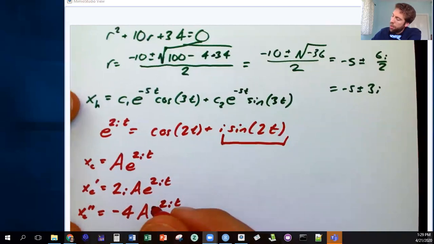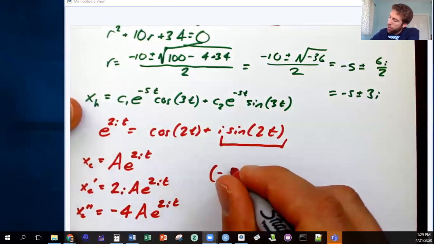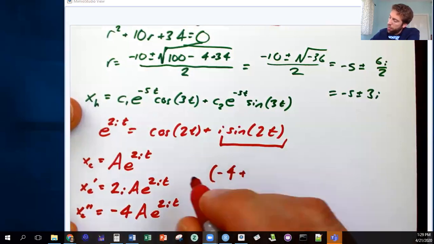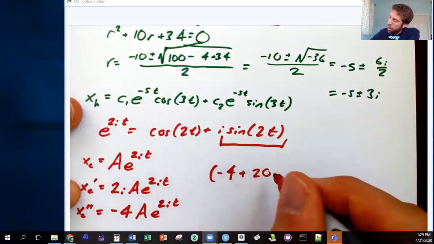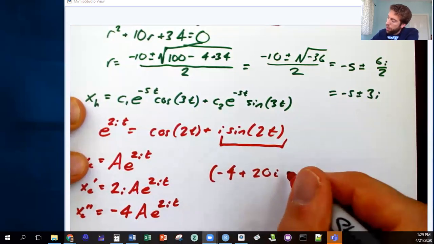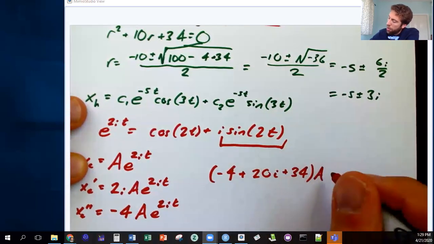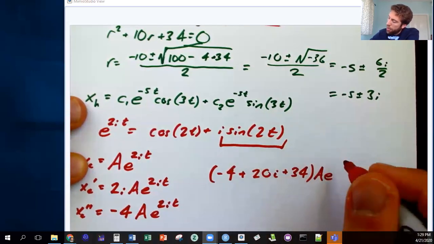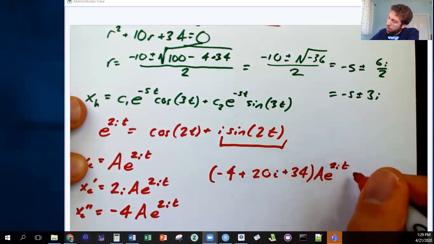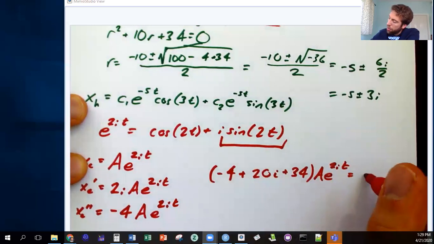Putting these into my differential equation, I have negative 4, plus 10 times this one, so plus 20i, and then plus 34 times a e to the 2it equals, not sine of 2t, but the one that gives you it, so e to the 2it.